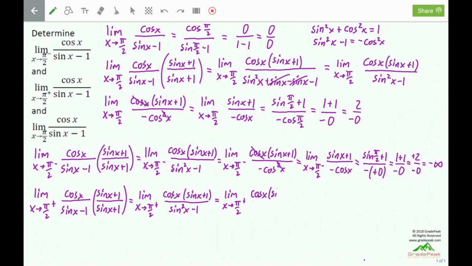So leaving the numerator alone, the denominator has the Pythagorean trig identity to become negative cosine squared of x, and the cosine in the numerator can cancel with one of the cosines in the denominator, so that we no longer have the 0 over 0 indeterminate form.